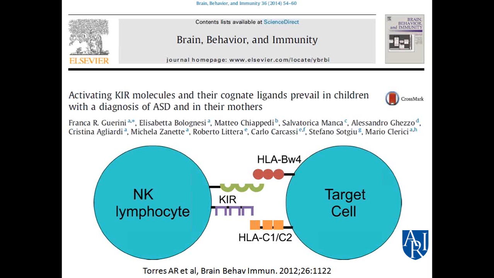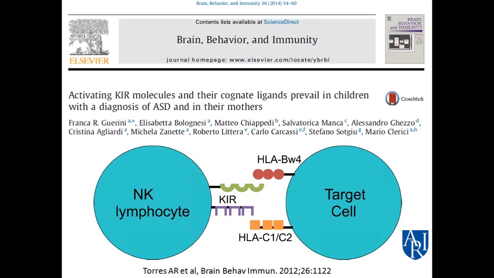And this might be one of the links between autism, the problem with autoimmune disorders in the family, and the expression of the immune system abnormalities in the children. But we have a long way to go to understand this.